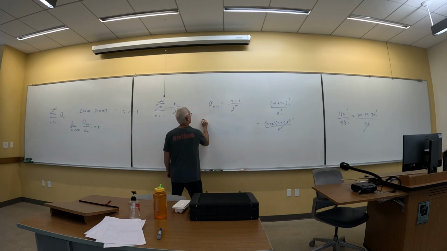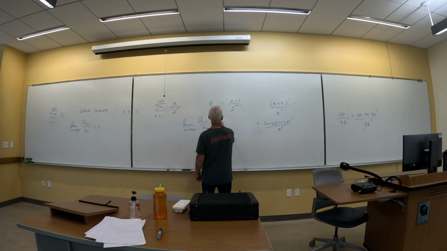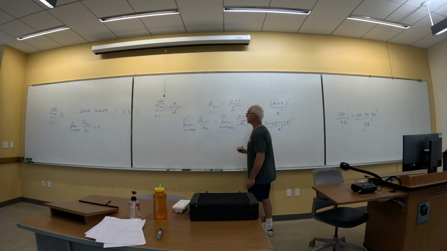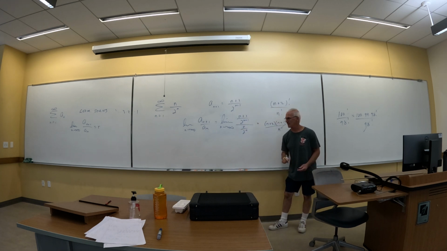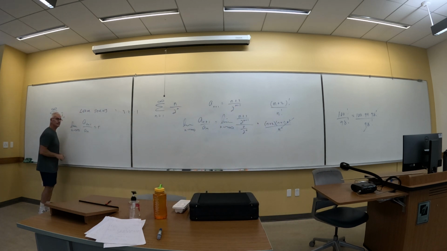So then, if I take this and write the limit of this, I would be doing the limit of n plus 1 over 2 to the n plus 1, over n over 2 to the n. Now we'll clean that up in a moment. Now, when will this converge? Only when the absolute value of r is less than 1. But I don't have an absolute value, so this is what we do.